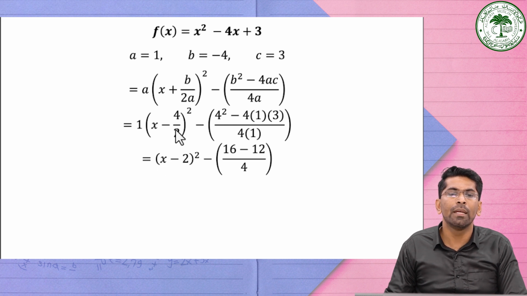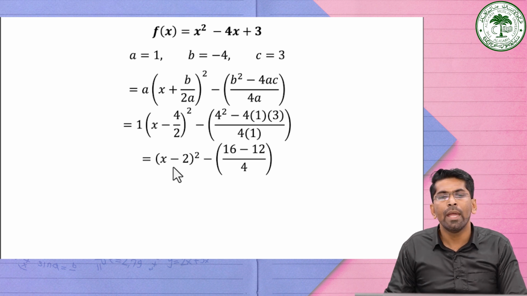This is x minus 4 by 2, which is 2, so it is x minus 2 whole square multiplied with 1, minus 4 square, which is equal to 16, minus 4 into 1 into 3, which is equal to 12, divided by 4 into 1, which is equal to 4.